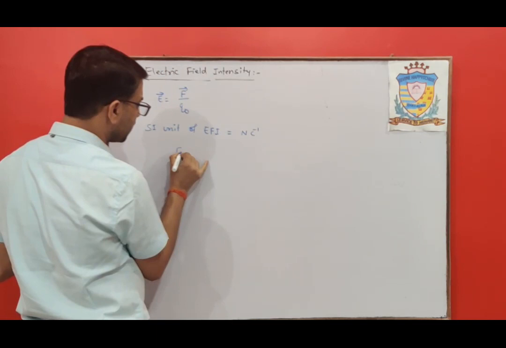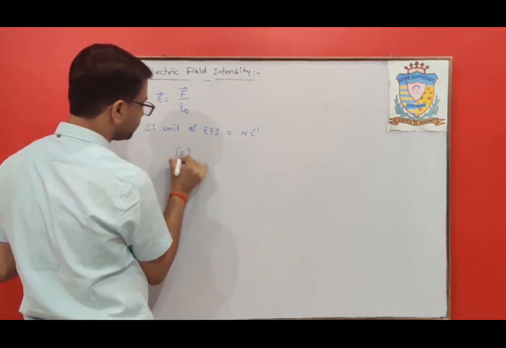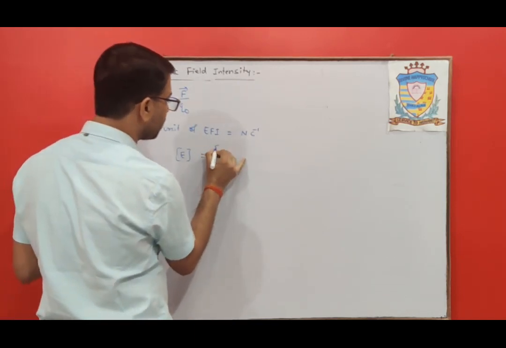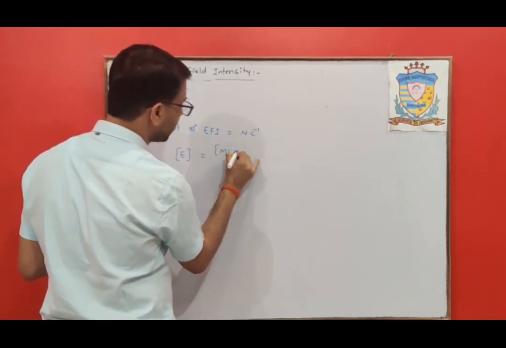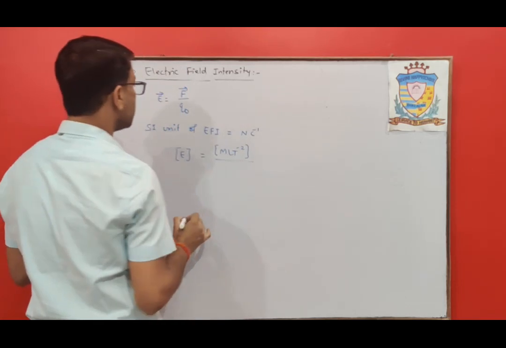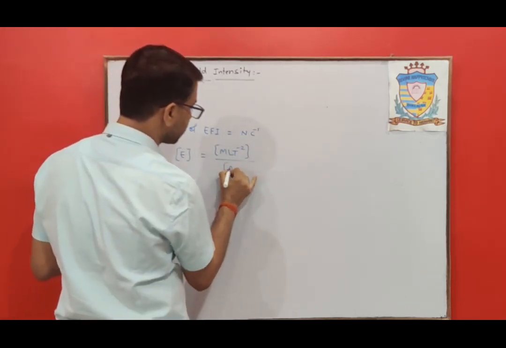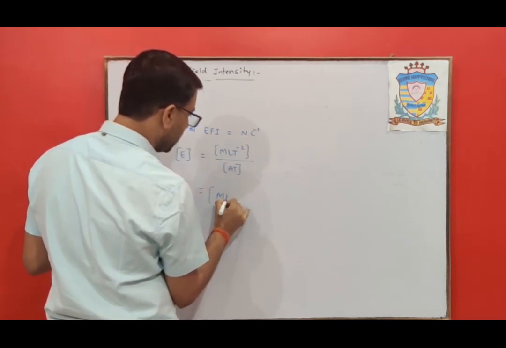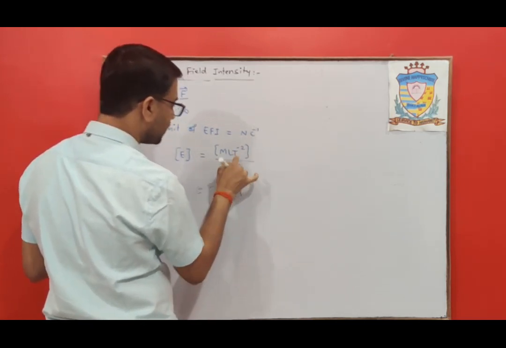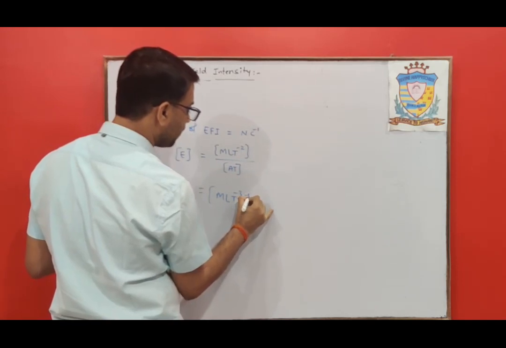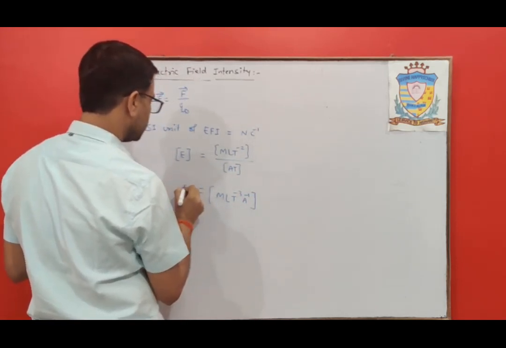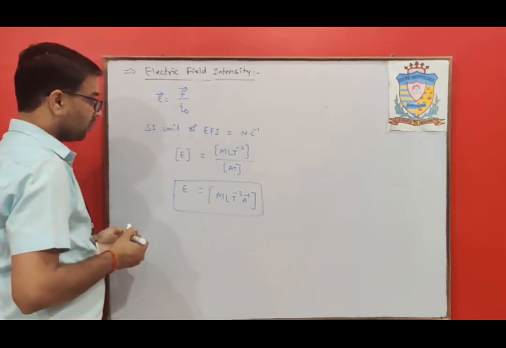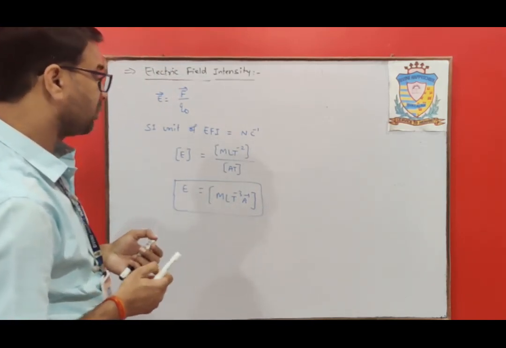Now we find the dimensional formula. For the dimensional formula, we put the dimensional formula for force, that is MLT minus 2, and the dimensional formula for charge is AT. After solving it, we will have MLT minus 3, A minus 1. So this is the dimensional formula for electric field intensity.